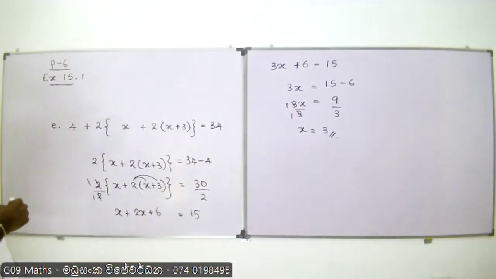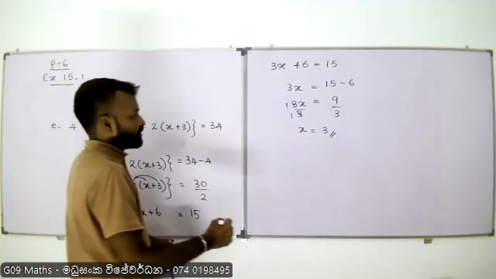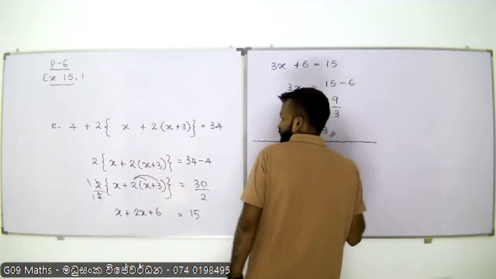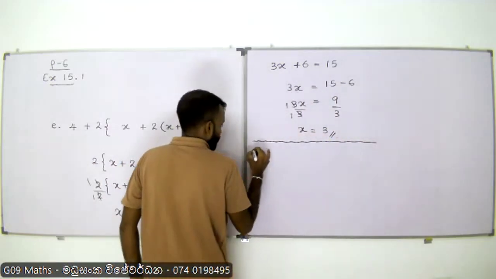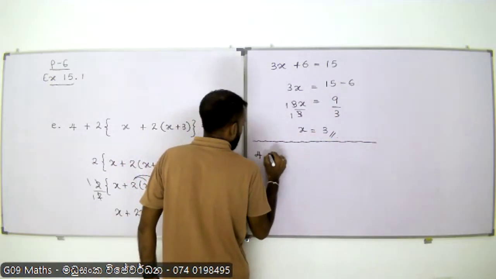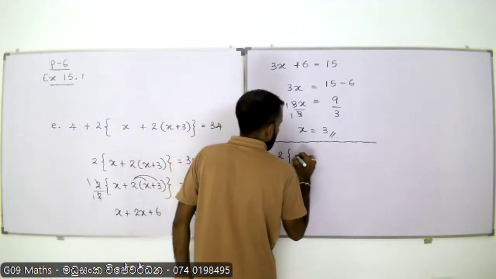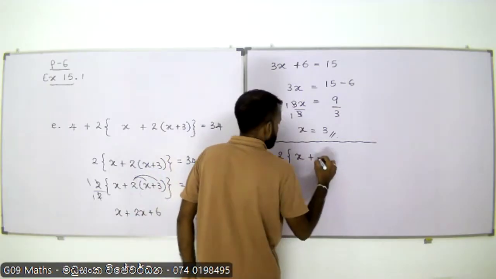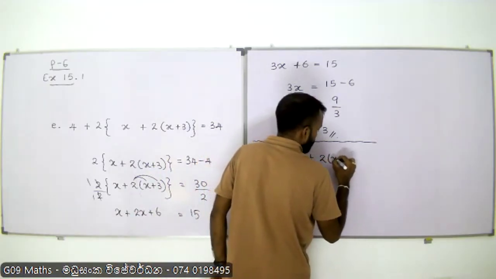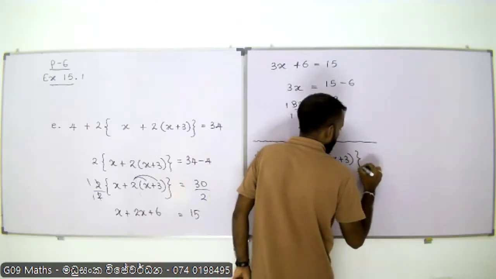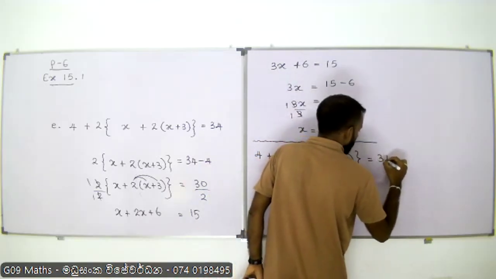Now I am going to use the textbook method. I will do it here. I will rewrite this one again. 4 plus 2 times x plus 2 times x plus 3 close bracket equals 34.